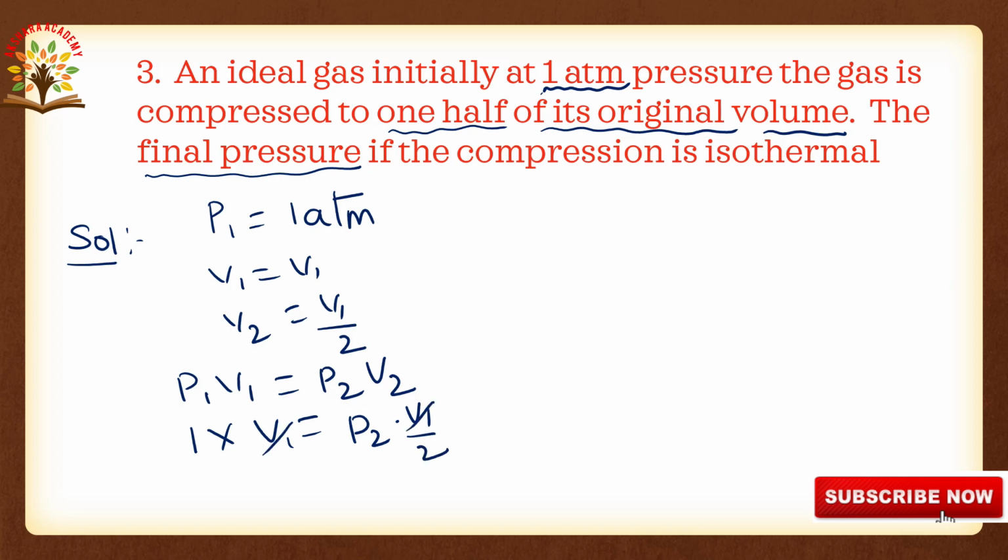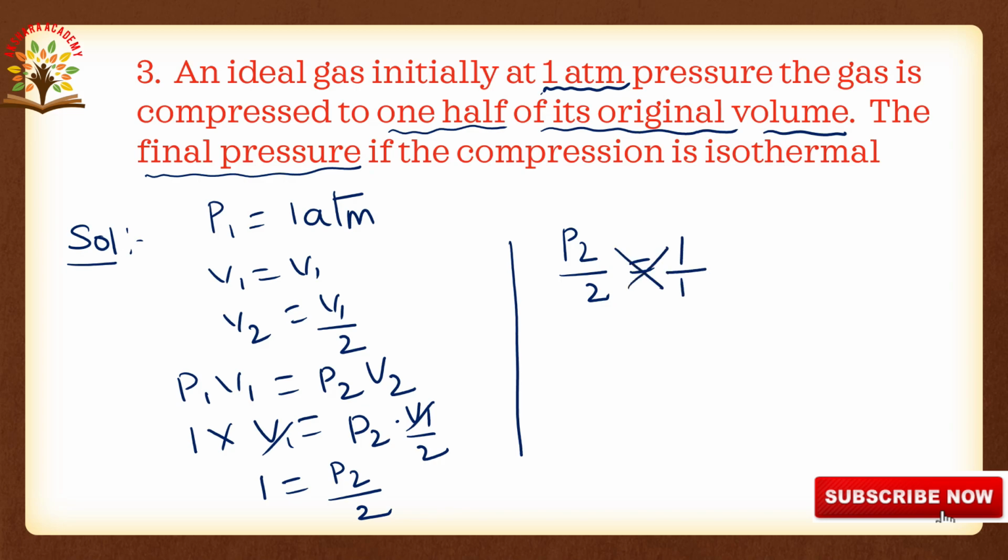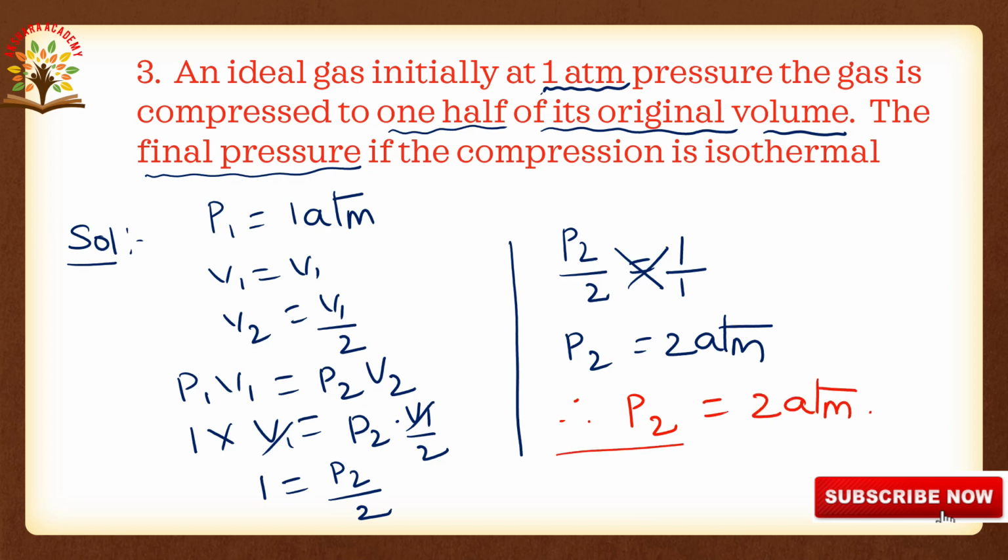V1 gets cancelled, 1 is equal to P2 by 2. Taking cross multiplication, P2 by 2 is equal to 1, so P2 is equal to 2 atmospheres. Therefore the final pressure P2 is equal to 2 atmospheres. Okay, this is the final answer.